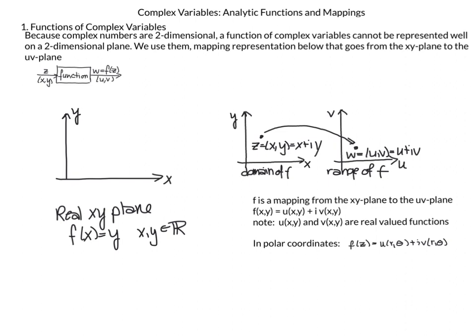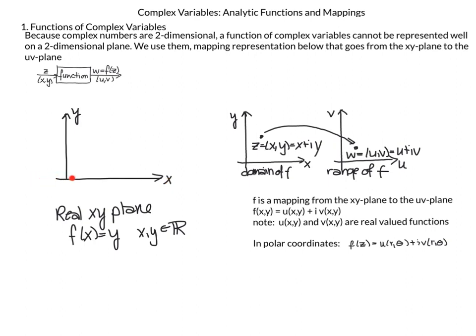Which brings us to the fact that because the complex numbers are two-dimensional, a function of a complex variable can't be represented well in a two-dimensional plane. So let's just look at this here. Normally, with real numbers, so if x and y are real numbers, then we only need one axis to represent a real number.